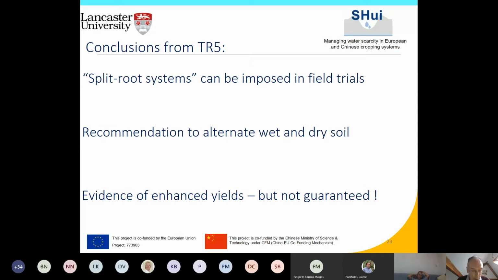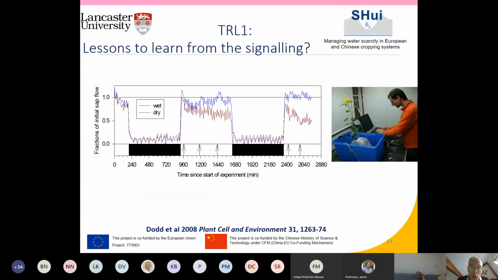Questions like how often should the wet and dry sides of the root zone be alternated? What are some of the issues that need to be considered with the application of low quality irrigation water? What I want to do now is take a step back into the laboratory environment and think about this from a scientific perspective.